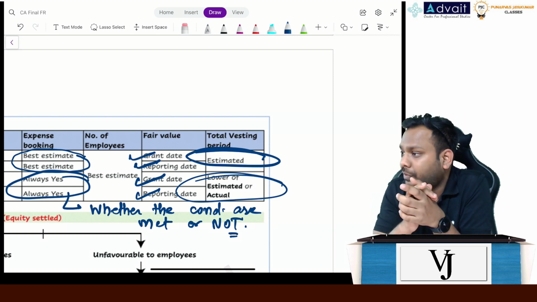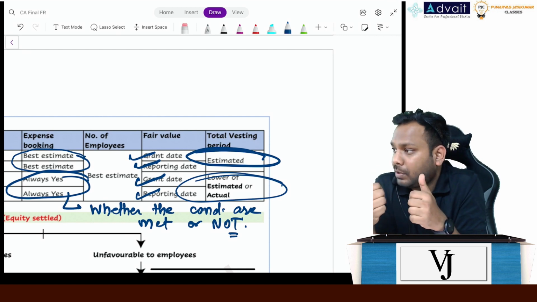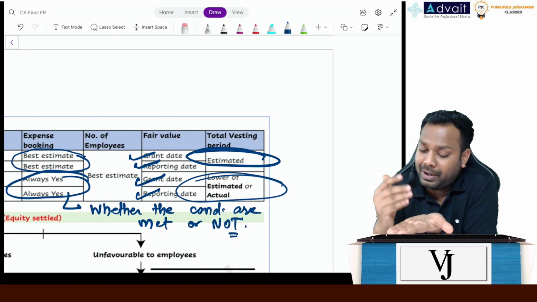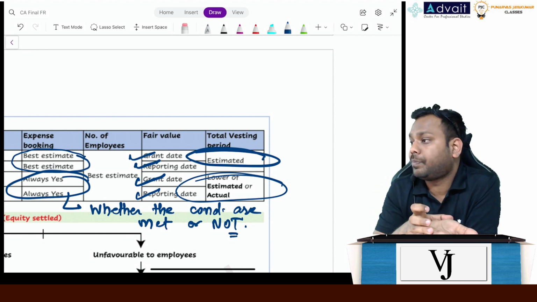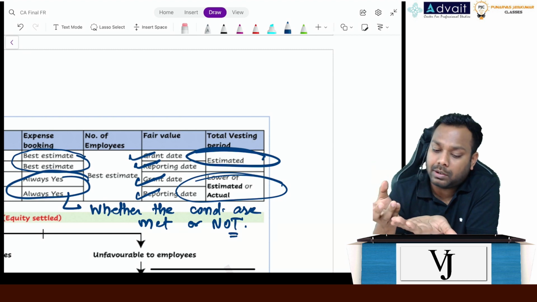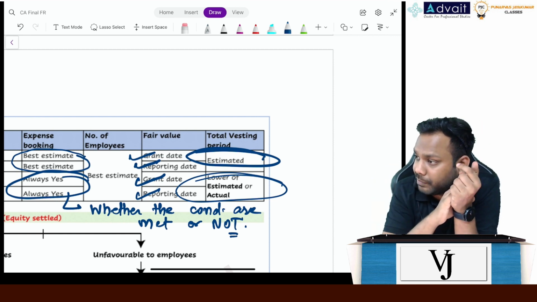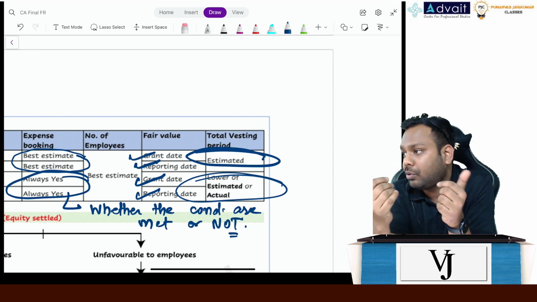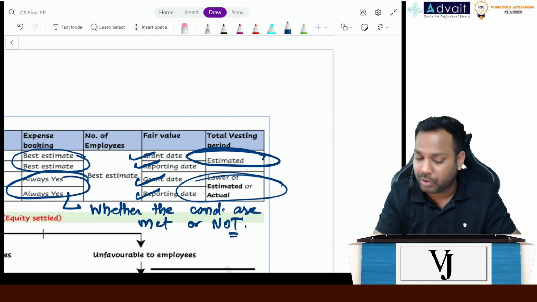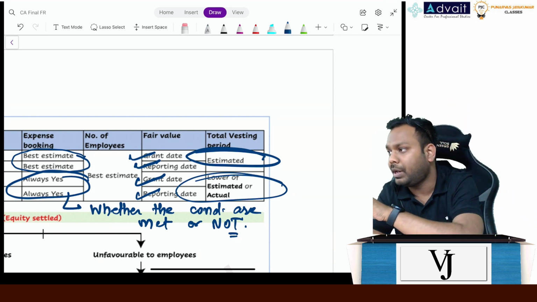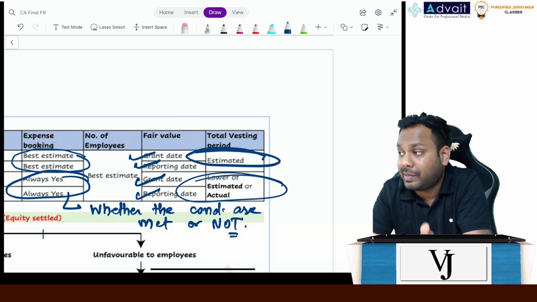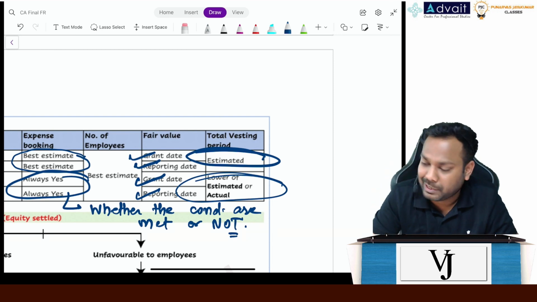In these 3 years it is not achieved, but it is achieved in the 4th year. So I might give the ESOPs in the 4th year, but I will book the expense only in the 3rd year. Or let's suppose the condition is achieved in the 2nd year itself. Then in that case I have to book the expense in that period. So basically I have to see what is the estimated period and what is the actual period, and accordingly when I am giving the shares, in that period I have to book the expense.